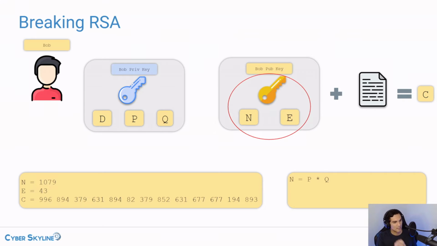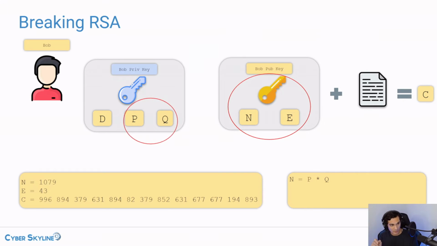So I said N is P times Q. So from Bob's public key, you can get P and Q by just factorizing the value of N. So N is going to be P times Q. If you go plug that into a factorization tool, you will be able to spit out two possible prime numbers that will multiply together to get N. So if you factorize N, the resulting values that you get are possibilities for P and Q. All right.